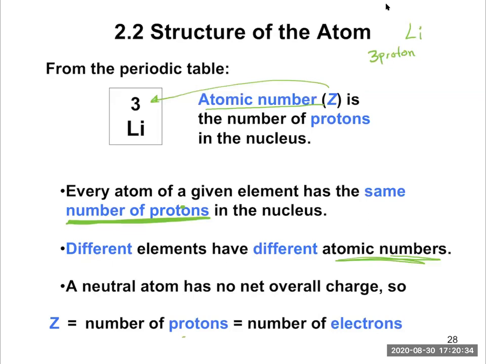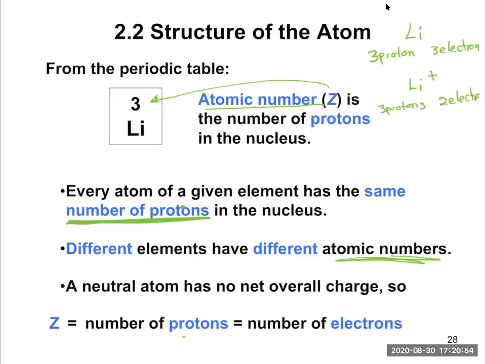And because there is no charge, it has 3 electrons because they have to cancel out. But if I tell you Li plus, it still has 3 protons, but now it has 2 electrons.